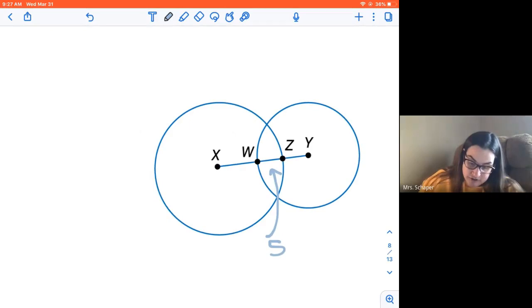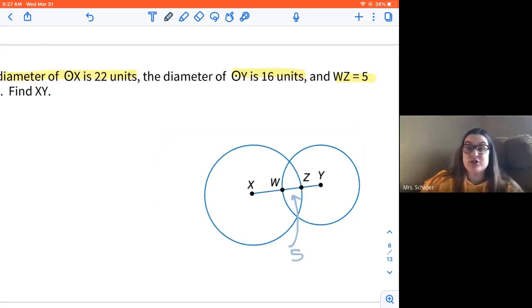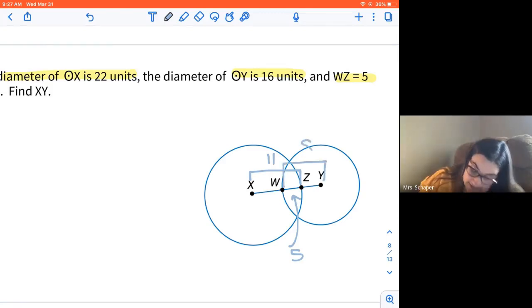We also know the diameter of X is 22, which means the radius is 11. So this distance is 11 because it's the radius. And we know that the diameter of Y is 16, which means that radius is 8. So this radius is 8.